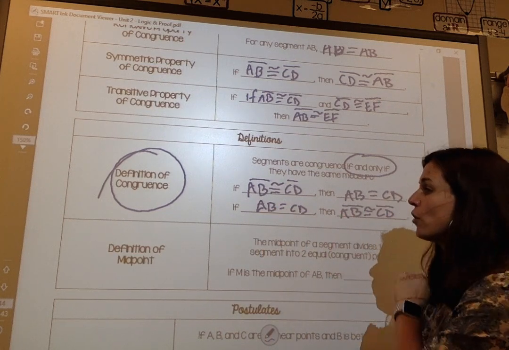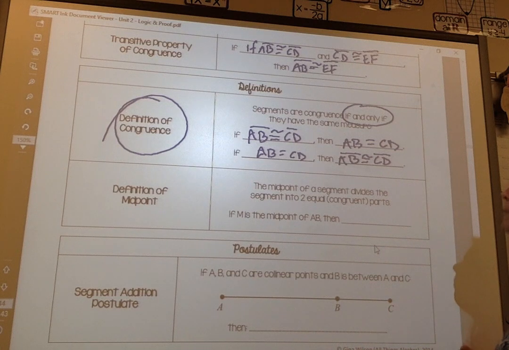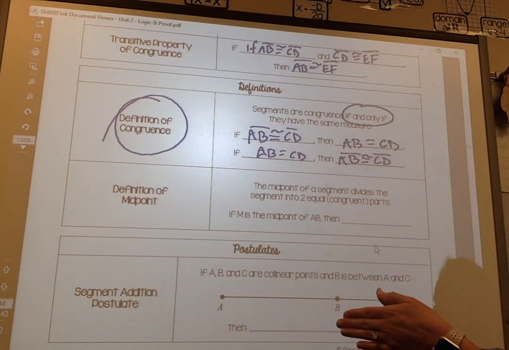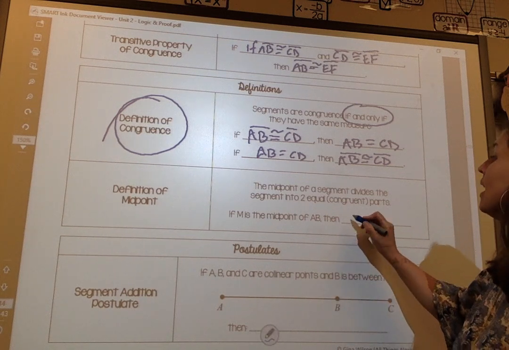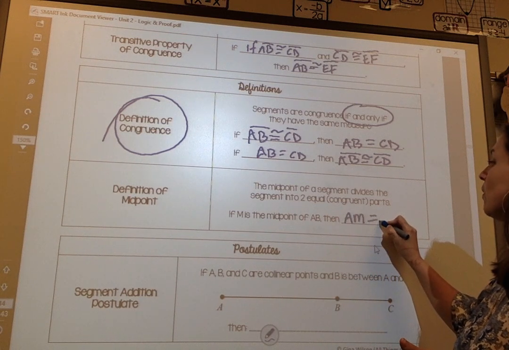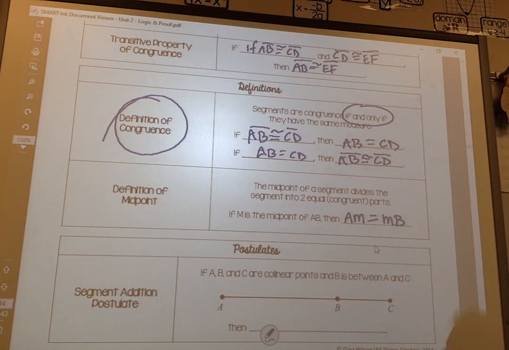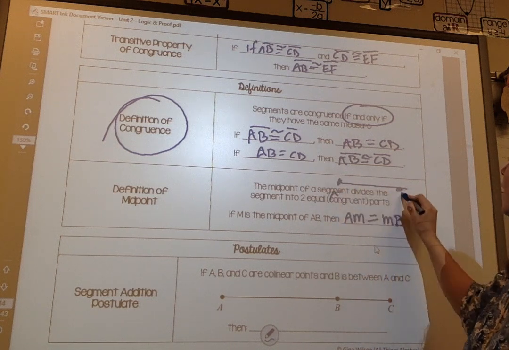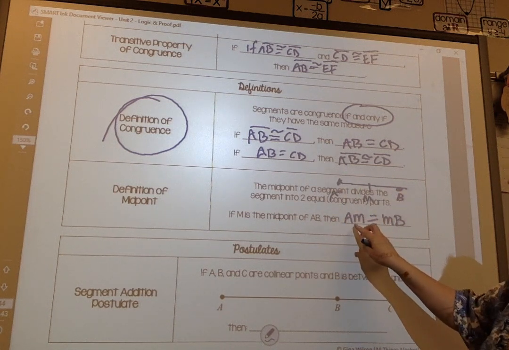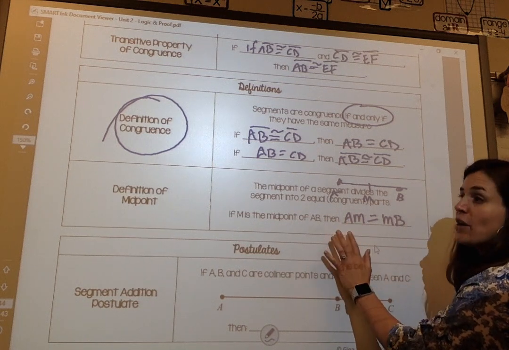Okay? Definition of congruence. Definition of midpoint. We already know what the midpoint is. It says the midpoint of a segment divides a segment into two equal, congruent parts. If M is the midpoint of AB, then AM equals MB. Definition of midpoint. And again, you can look at that picture, AB, and here's M. Because we're talking about measurement, it's not congruency, it's the measurement.